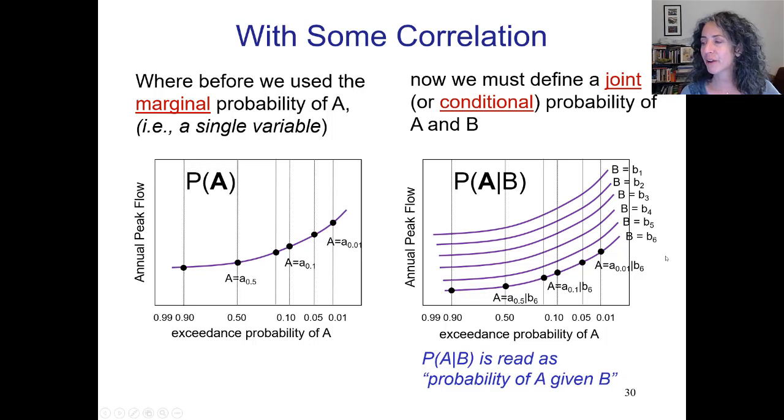Now, this is very hard to develop. We need maybe an order of magnitude more data to develop this joint distribution for A and B than we did for just developing a distribution for A and for B separately. So it's unlikely that we will have a conditional distribution family like this, but I'm going to show how the total probability method works with this input before going on to another method of doing this evaluation.